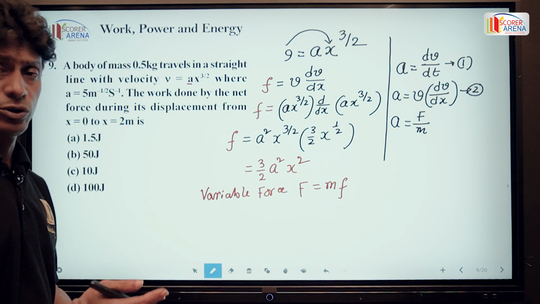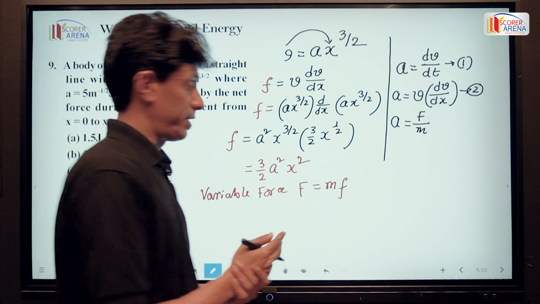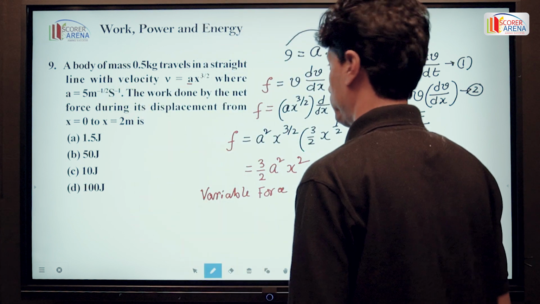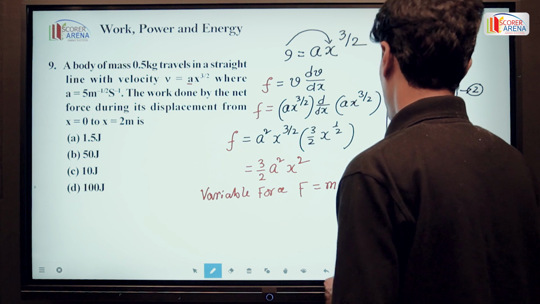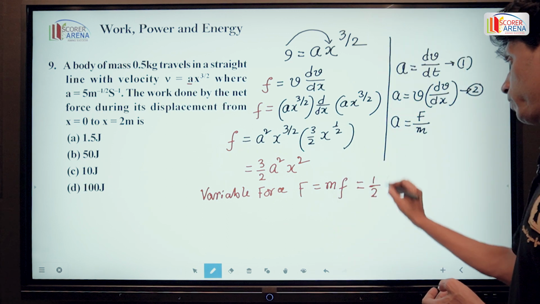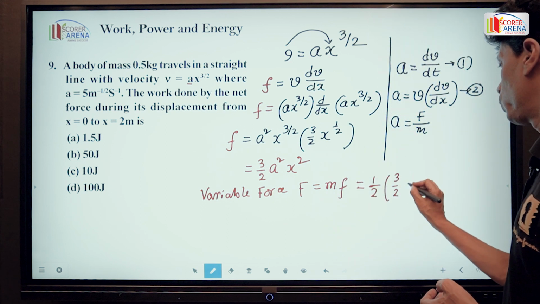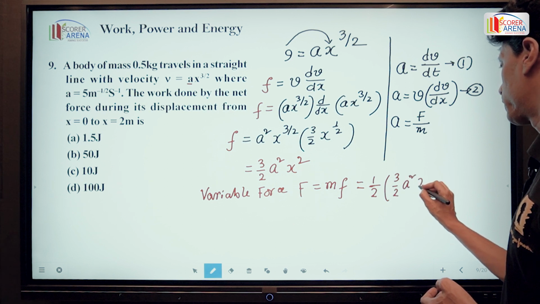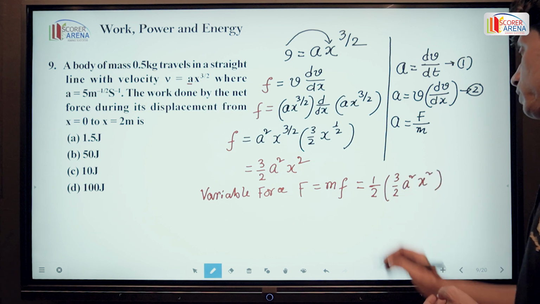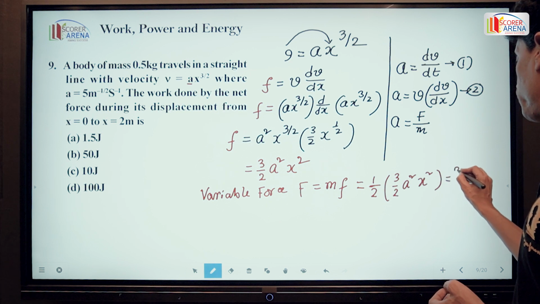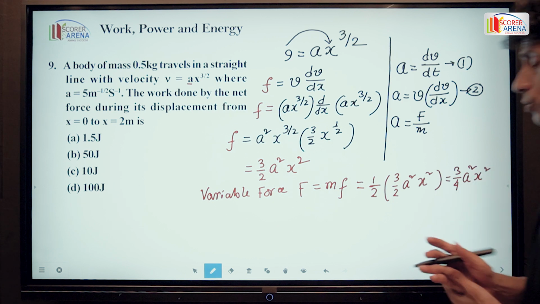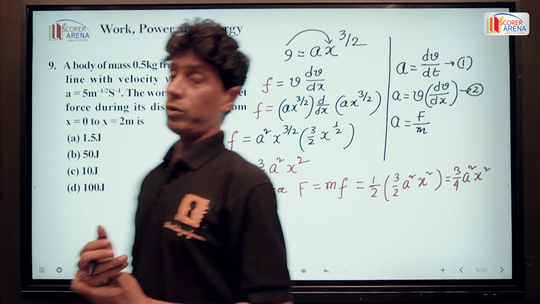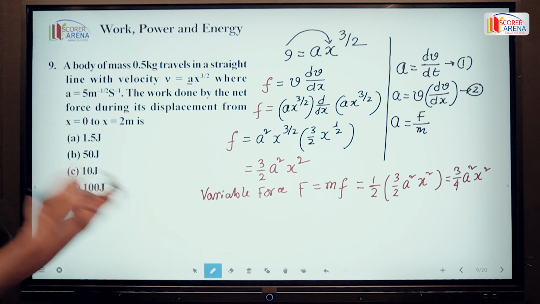The mass in the problem is half kg, and the acceleration is 3 by 2 a square x square. So this value becomes 3 by 4 a square x square. So this is the force which also varies with the displacement.